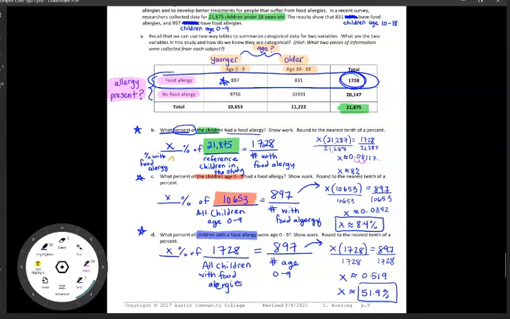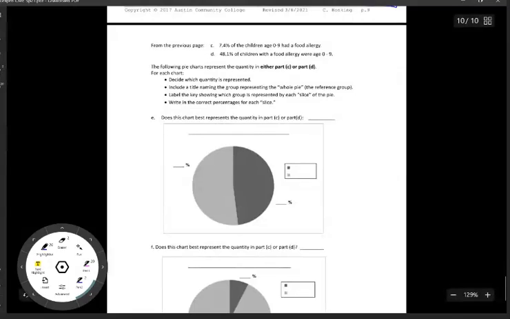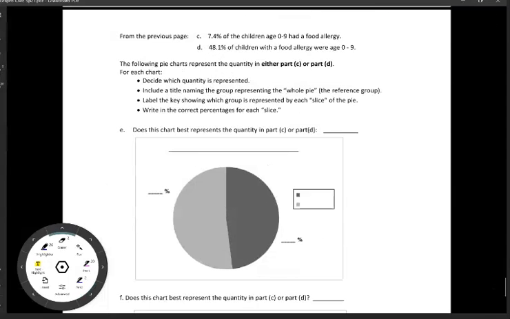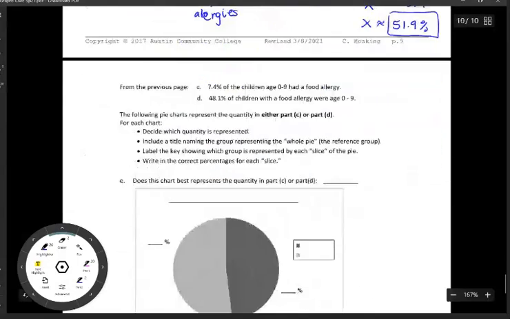This is all from Unit 1, so this was review. But now we're going to connect the information from C and from D. We're going to display that information in a pie chart, and that's what we're doing on the next page. So up at the top, I was supposed to transfer the information from the previous page to this page, but I did not.